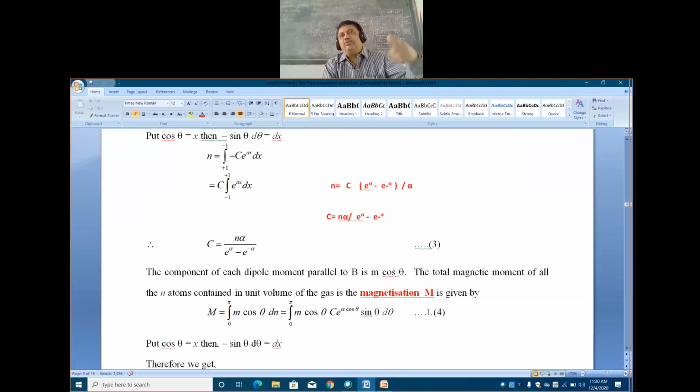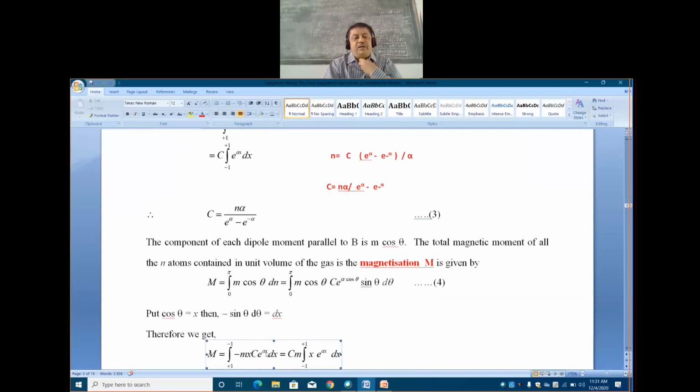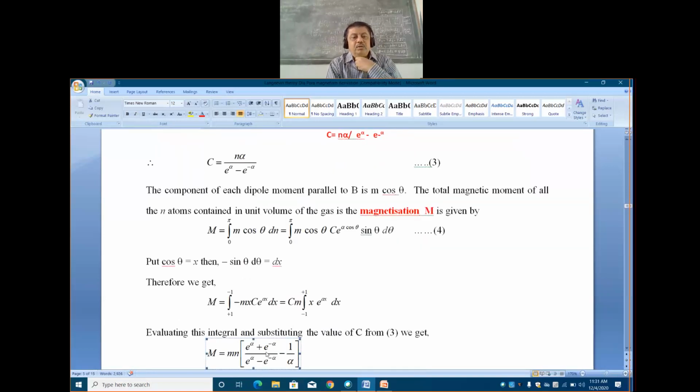So we have substituted dn from the previous expression. Now once again we put cos theta equal to x, minus sin theta d theta equal to dx. So this equation is simplified. M is equal to the limits +1 to -1, minus m x, that is cos theta is x, c e raised to alpha x, dx.